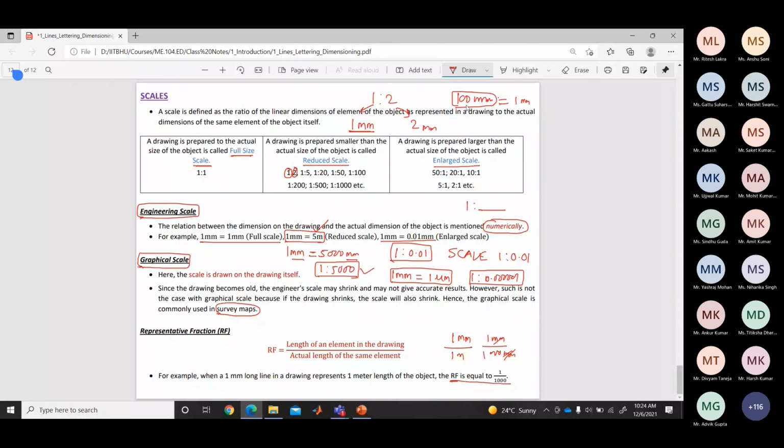So rather we represent it like this, 1:0.01 meter mm, or 1 millimeter is equal to 1 micron, 100 micron, 50 micron.